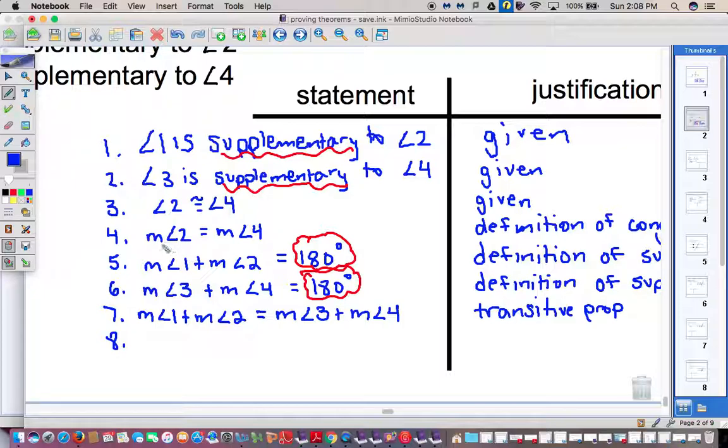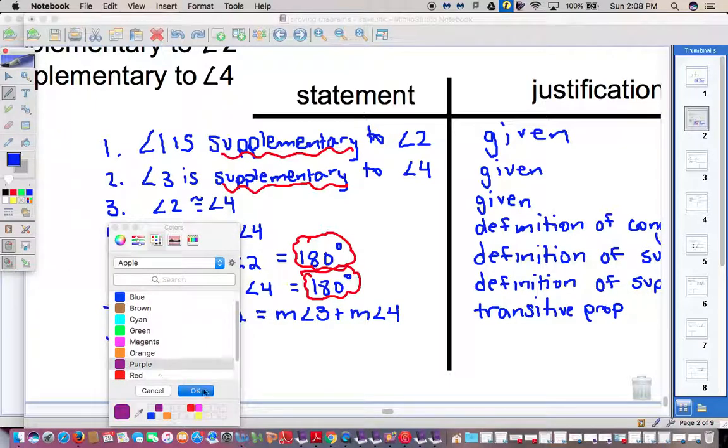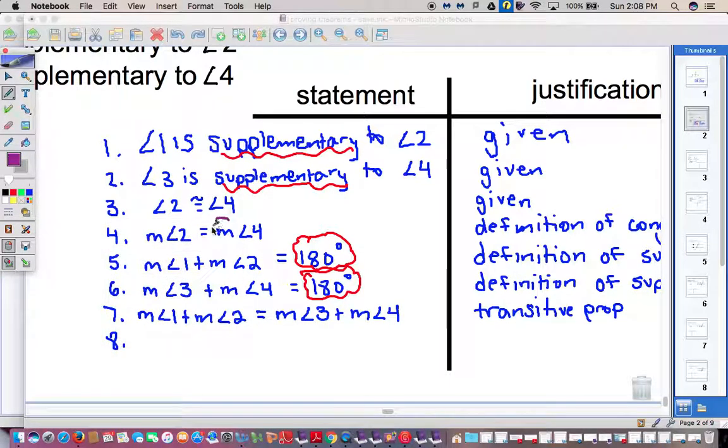Do we see here that the measure of angle 2 is equal to the measure of angle 4? We've got this here, and we have this here. So if we substitute the measure of angle 2 for the measure of angle 4, then we have the measure of angle 2 on both sides of our equal sign.